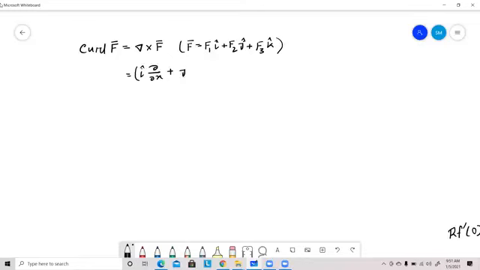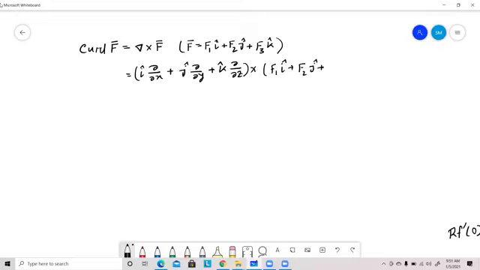Through the determinant. Good. We can evaluate the cross product through the determinant.